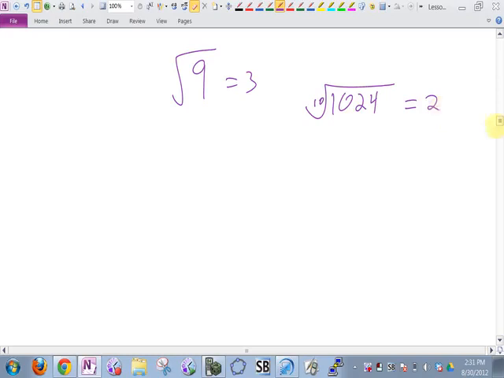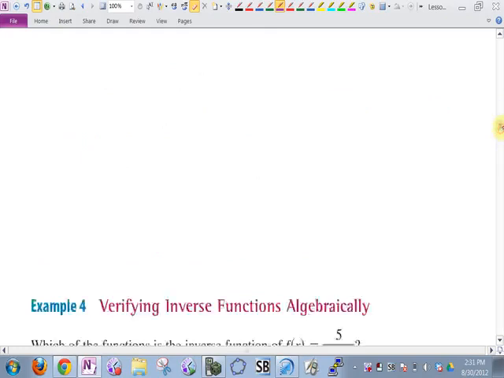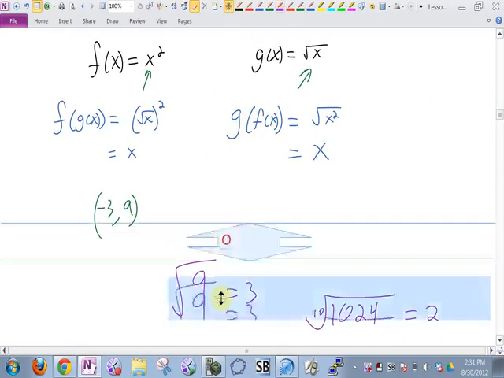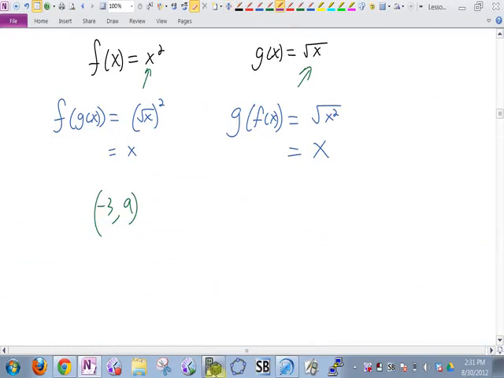So when we go back up here, there's no plus or minus involved. It's just radical x. So when 9 goes in, what is radical 9? Just 3. Just 3, right? Here's another question. Is radical x a function?